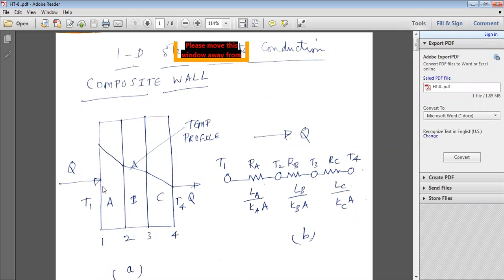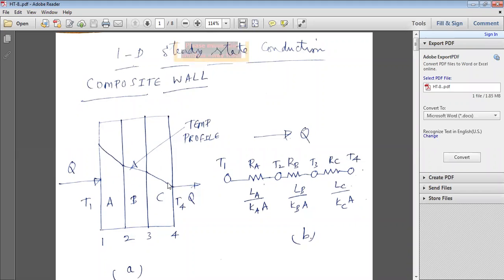How do we calculate this heat transfer rate Q? The temperature at the left surface is T1, and the temperature at the right surface is T4. In between materials A and B, the temperature is T2. In between materials B and C, the temperature is T3.